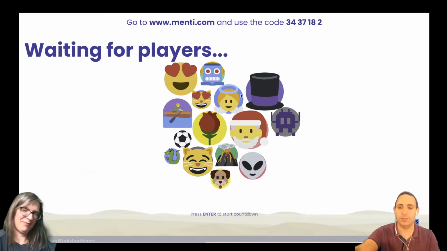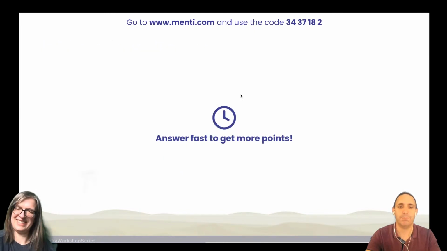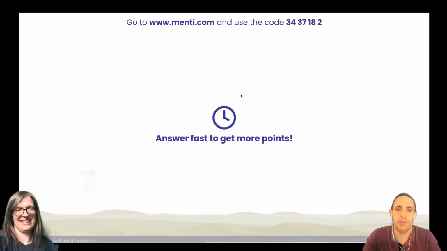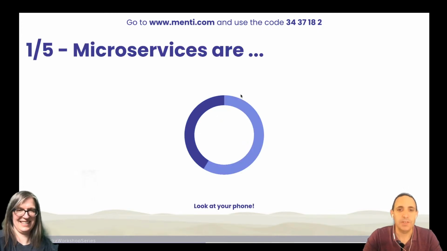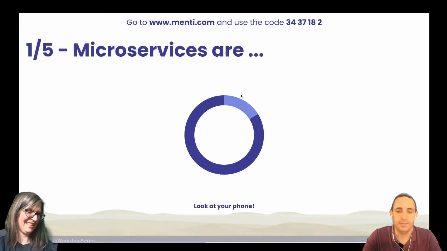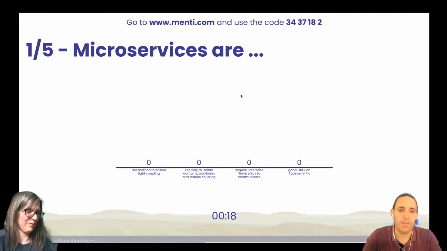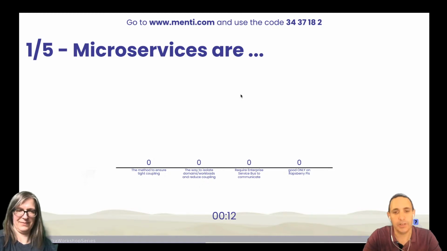Okay, press enter to start countdown. Answer fast to get more points. Microservices are: the method to ensure tight coupling, the way to isolate domains and workload and reduce coupling, required enterprise service bus to communicate, or could only run on a Raspberry Pi.